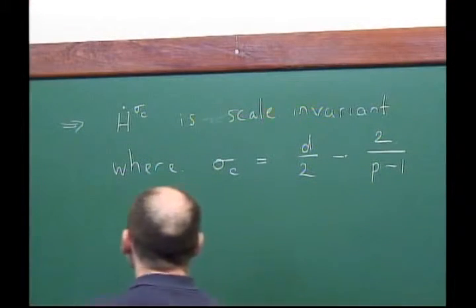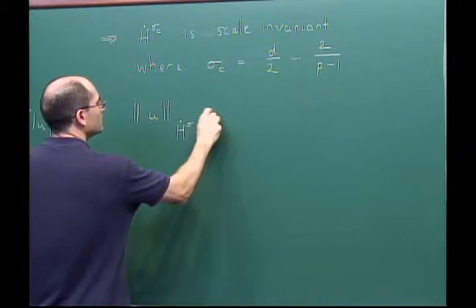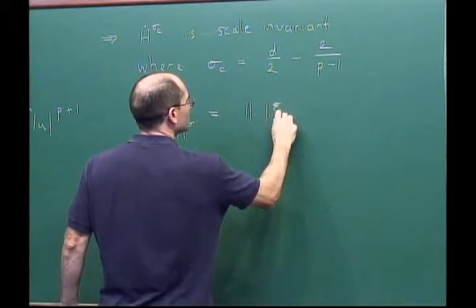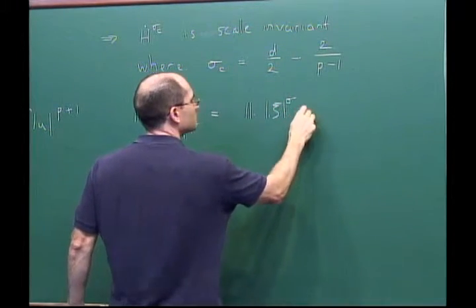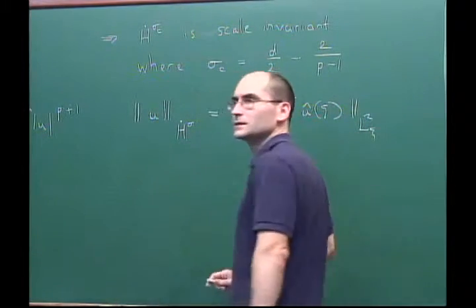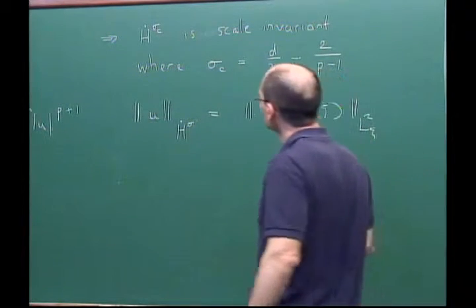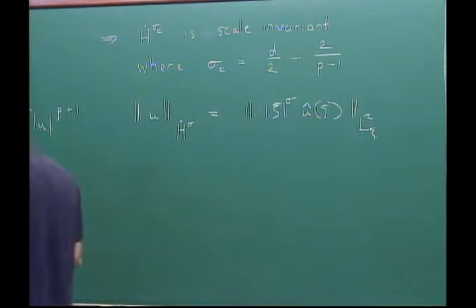So that's defined via the Fourier transform, the norm of xi to the sigma times u hat in L2. And so it's like having sigma derivatives. When you apply sigma derivatives, you get a lambda to the sigma, and then you compute the L2 norm, and you find that you need sigma equal to sigma sub c if you want it to be invariant in lambda.